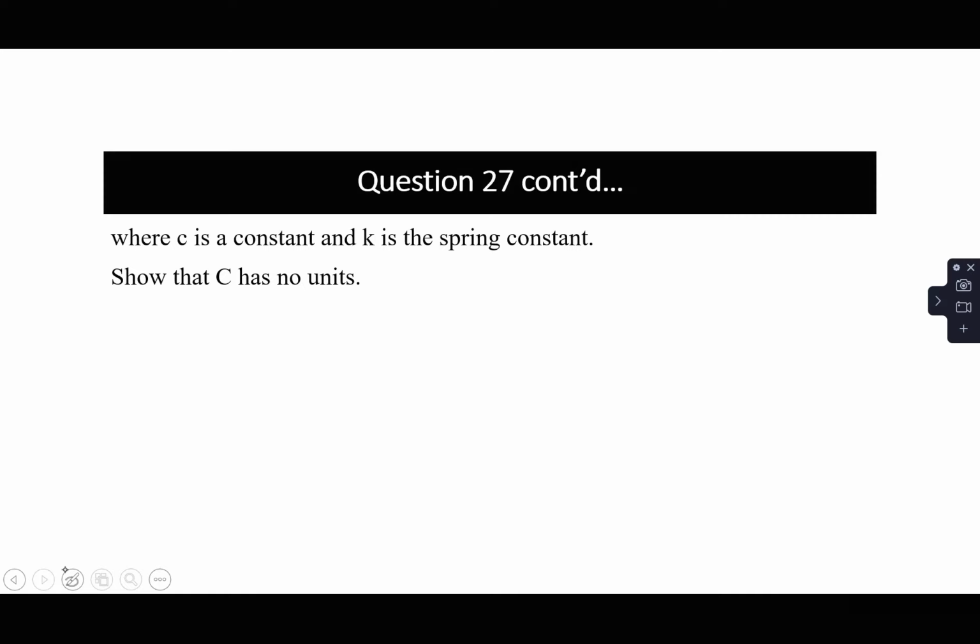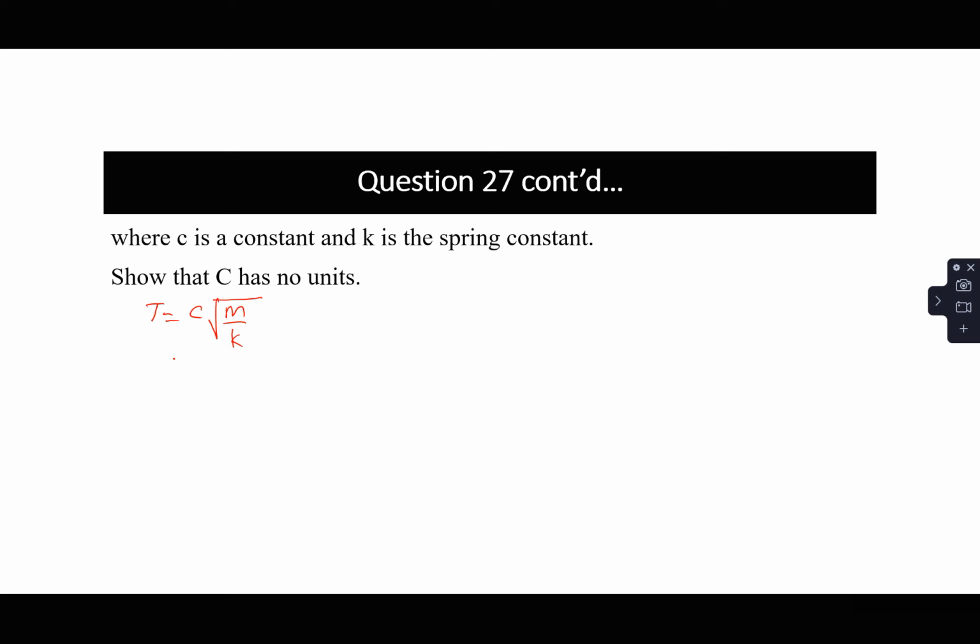So that is question 27 continued. We have been given that T is equal to C square root of M divided by K. C is a constant and K is the spring constant. Show that C has no units.